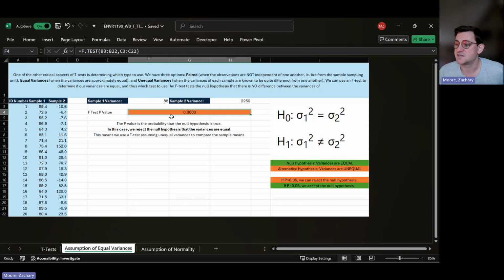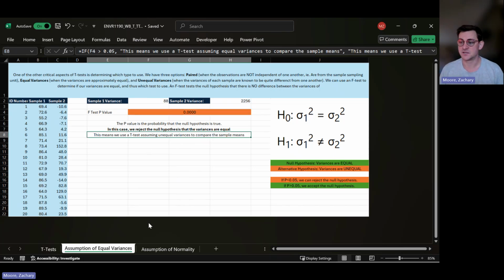So in this case, we can reject that null hypothesis, and we can say that the variances are unequal. And so the reason that we're doing this is to understand which t-test to use. So if we say that they're unequal, we use the t-test for unequal variances. And if they are equal, we use the t-test for equal variances. And it varies slightly, and it will change how the p-values are calculated, but all in all, it's going to be a very similar method that we go about it.